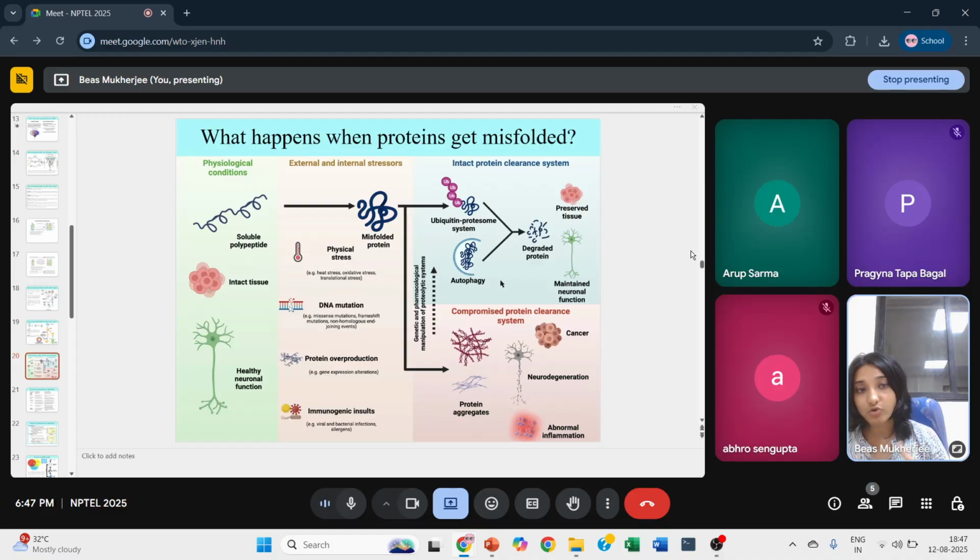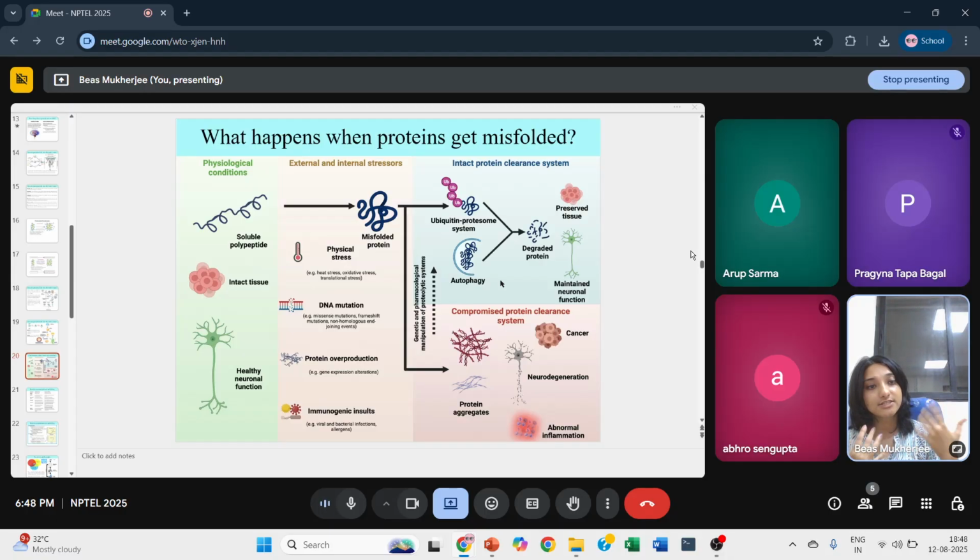So gene expression alterations. And there can be immunogenic insults, for example, viral and bacterial infection. All of these different external and internal stress factors can result in these misfolded proteins. So normally when a cell is having too much misfolded protein, the body is equipped in this way that that particular cell will undergo autophagy.